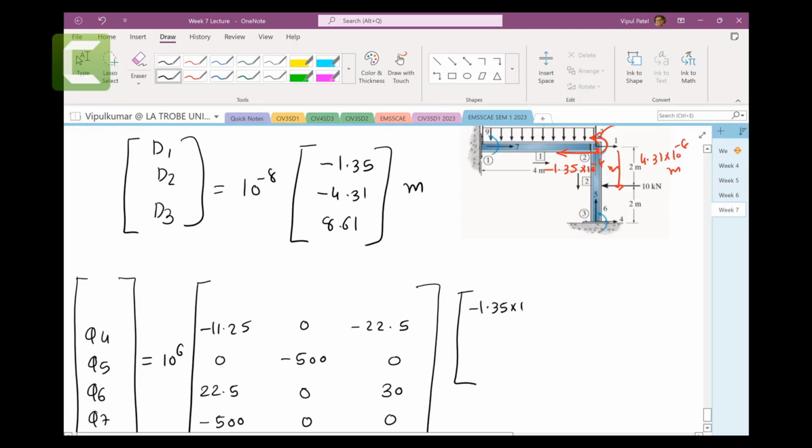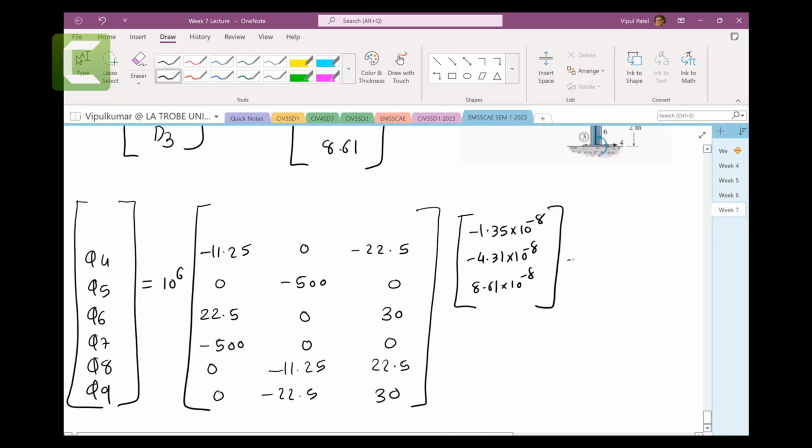Minus 1.35 times 10 raised to minus 8, minus 4.31 times 10 to the minus 8, 8.61 times 10 raised to minus 8. And then you have plus, you have those 5 kilonewtons, 0, minus 5 kilonewtons. I'm going to show you where all these are coming from: 24 kilonewtons and 16 kilonewton meters.